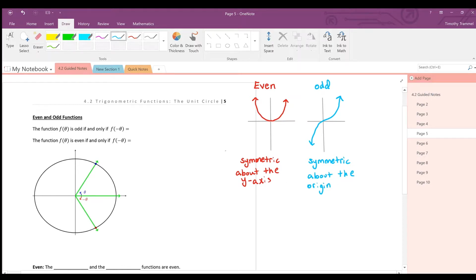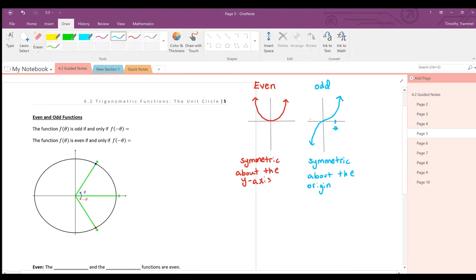Okay. And if we were to look at what these mean algebraically, well, if it were odd, you might see some angle theta here.